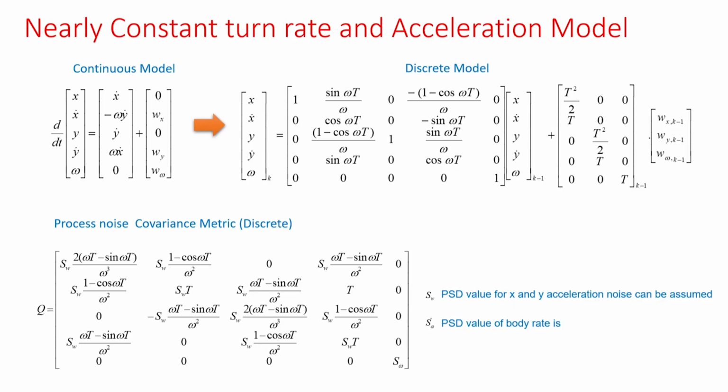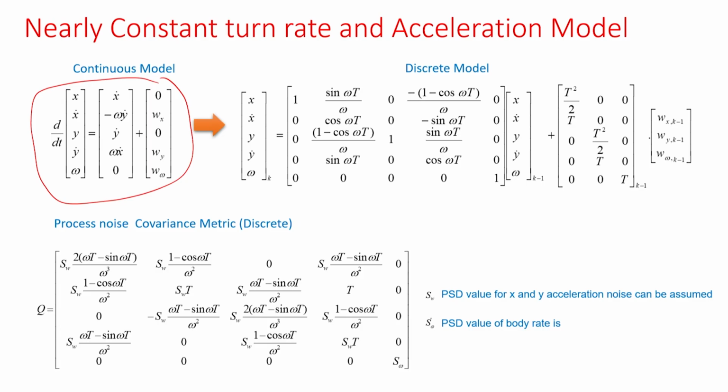So, with this, this is my continuous model. Omega is unknown. If omega is known, then it is a constant velocity model.